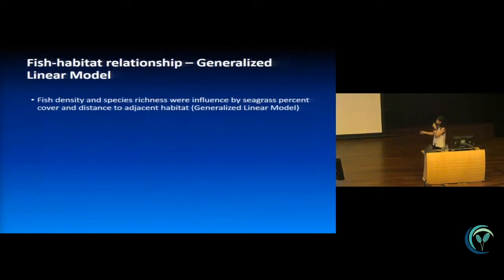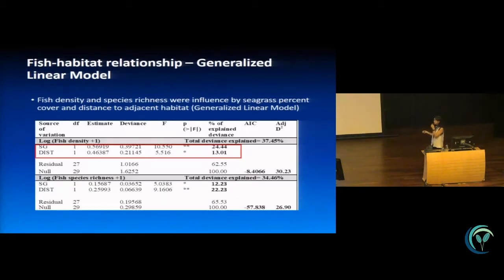Okay, so we ran generalized linear models to understand which habitat complexity variable contributed most to the fish density and the fish species richness. We found that the seagrass coverage is the one that influenced most. And DIS stands for distance, meaning the proximity to the adjacent habitat, which in our case is the coral reefs.